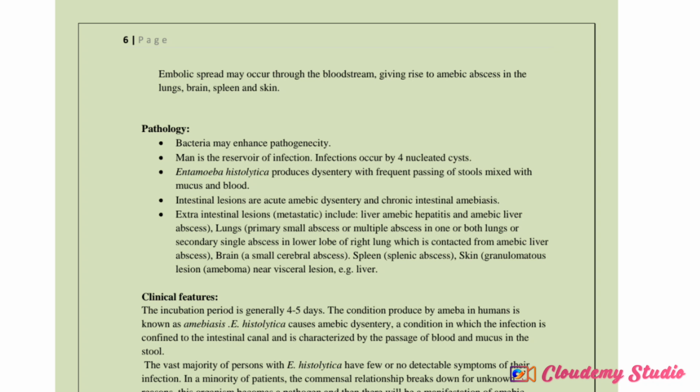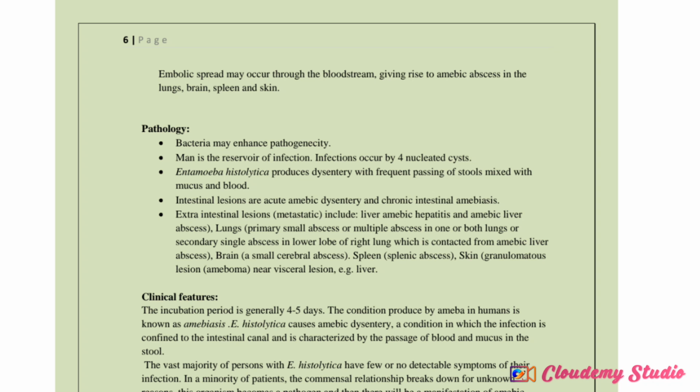We can have extra-intestinal lesions, that is metastatic. We can have amoebic hepatitis, amoebic liver abscesses, and it can infect the lungs, the brain, the spleen, and the skin near the visceral lesion.